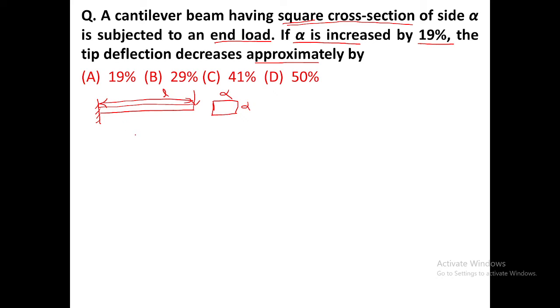L is the length of the beam. In this, deflection is the point A, is the point B. Deflection at point B. So standard equation is W L cube divided by 3 EI.